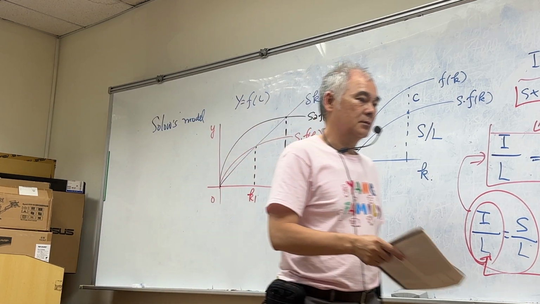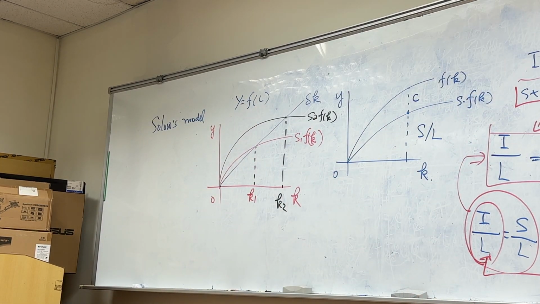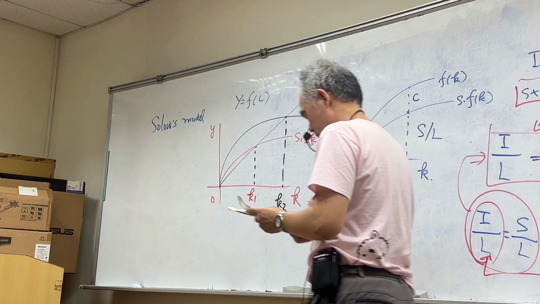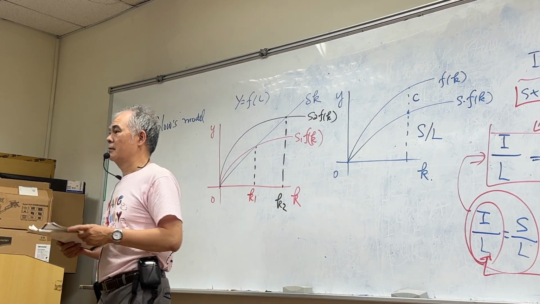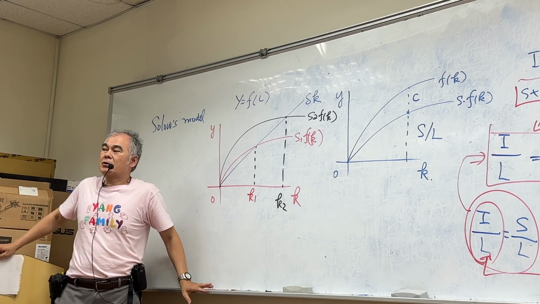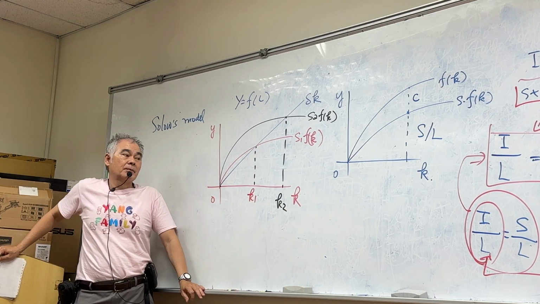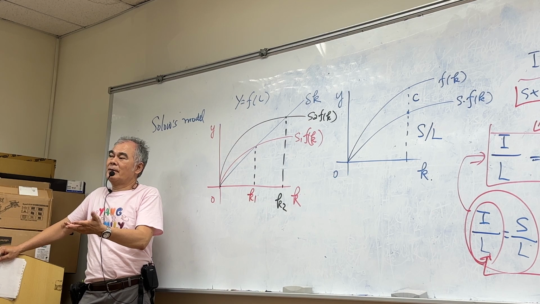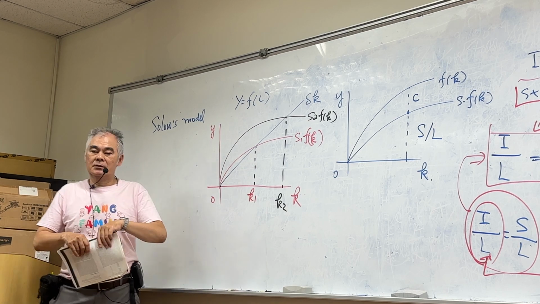Okay. Can anyone tell me what's going on here? Okay, 반수연. So, saving rate goes up. What about output level?